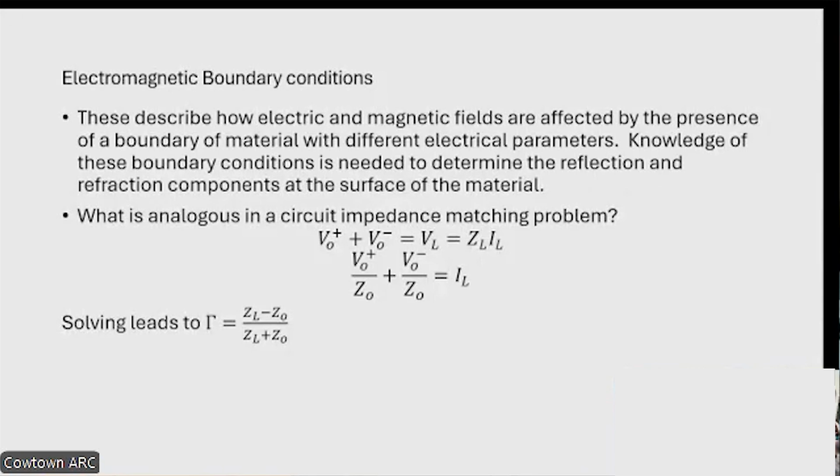The impedance matching problem that you're used to with circuits, we show as a propagating and reflected wave. V0 plus is the propagating wave toward the load. V0 minus is the wave propagating back from the load. Eventually you end up with the equation for gamma, which I think you're probably pretty familiar with, the reflection coefficient, where you have a potential impedance mismatch.